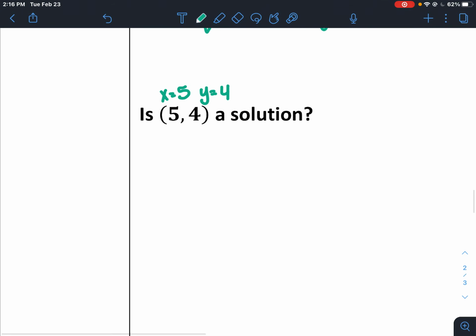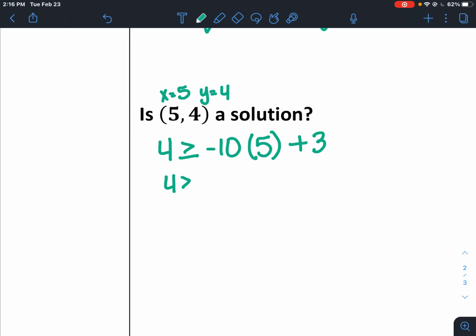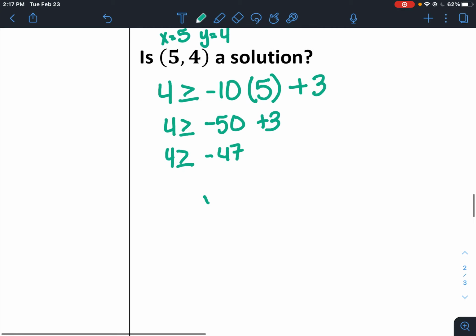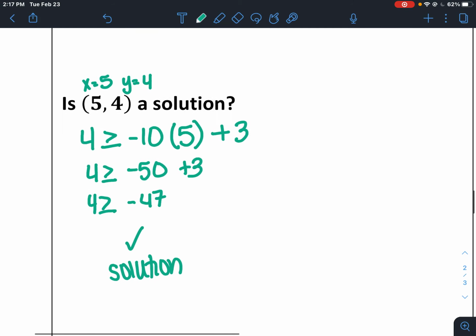So we have y, which is 4, is greater than or equal to -10x, x is 5, plus 3. So 4 is greater than or equal to -50 plus 3. 4 is greater than or equal to -47. This makes a true statement, so it is a solution.